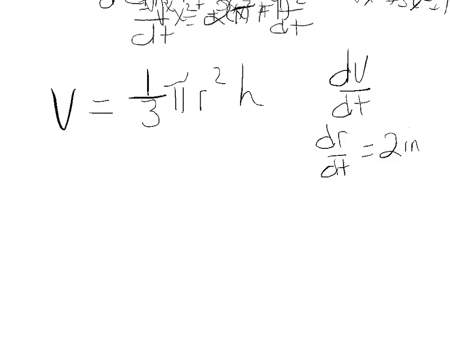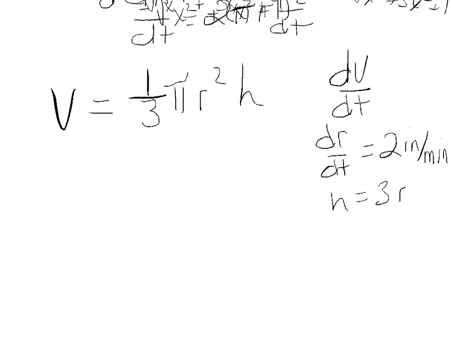2 inches per second, I guess, or? No, per minute. And height is 3r? Yes. What is conspicuously missing? dh dt. Do I have any information about dh dt? If I use the product rule, is dh dt going to be in my derivative?